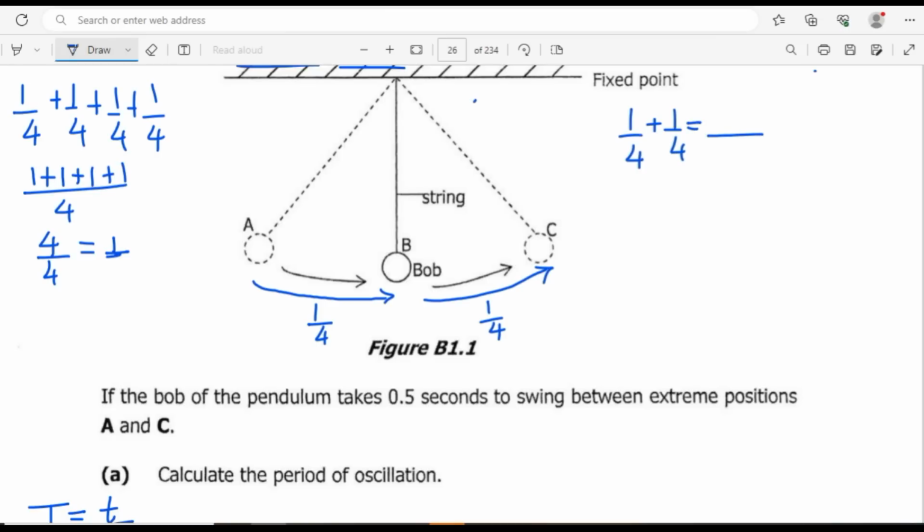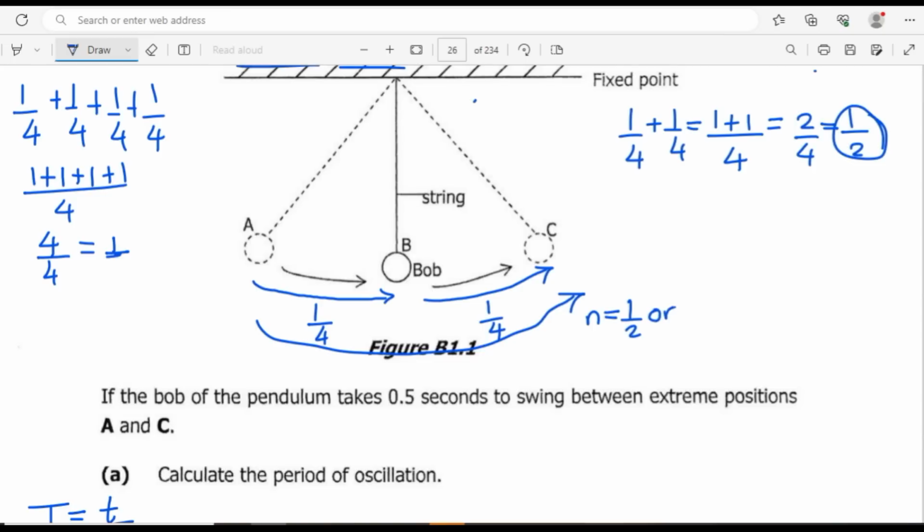Lowest common denominator is 4. 4 into 4, 1 times 1, which is 1. 4 into 4, 1 times 1, which is 1. 1 plus 1 is 2/4, which is 1/2. So whenever a bob moves from A to C, the number of oscillations, N, must be equal to 1/2 or 0.5.